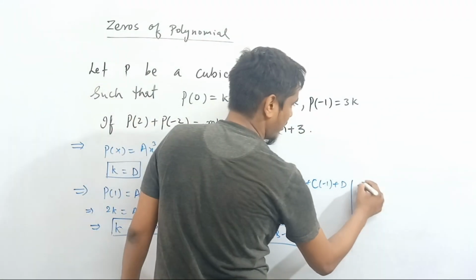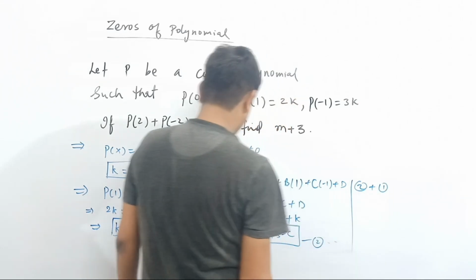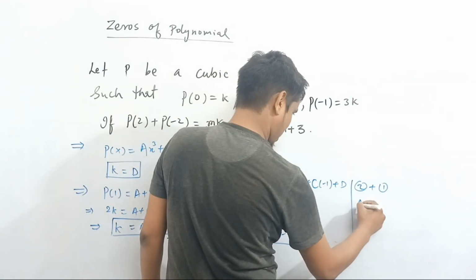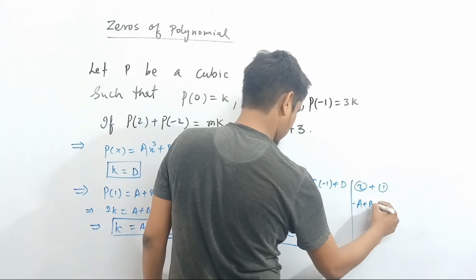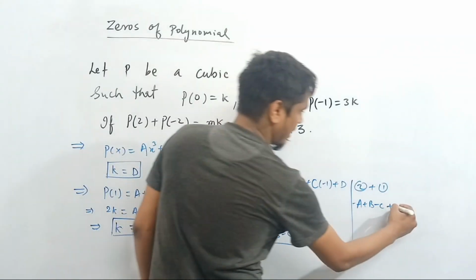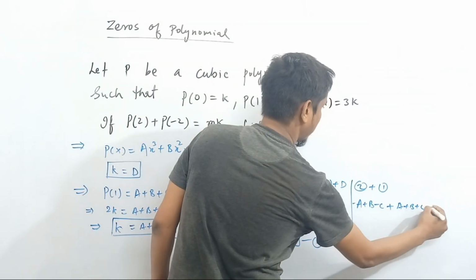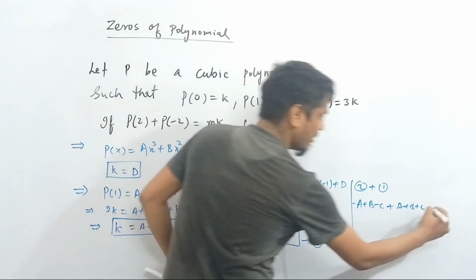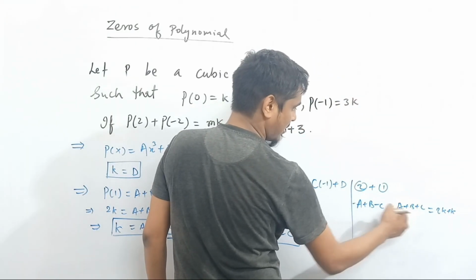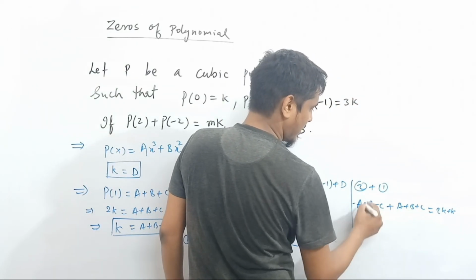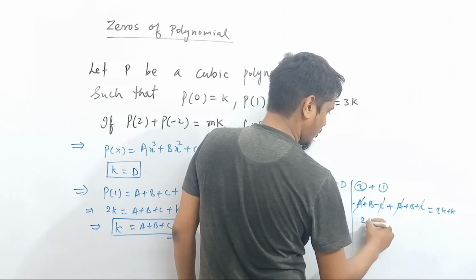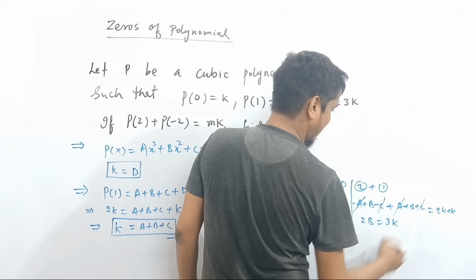Adding equations 1 and 2, what we'll get? Here negative a plus b negative c, in that I'm adding the first equation, which is a plus b plus c, and the value of this is 2k plus k. So minus a is cancelled, minus c plus c is cancelled, so we are getting 2b is equal to 3k.